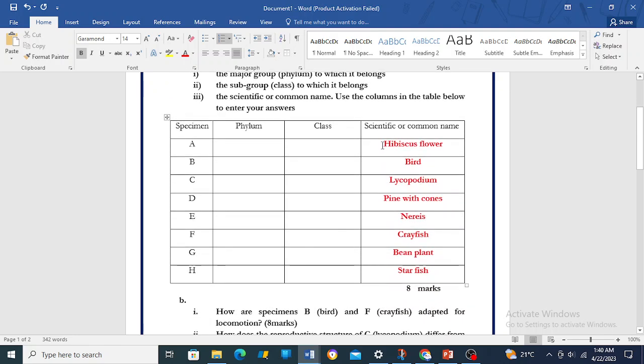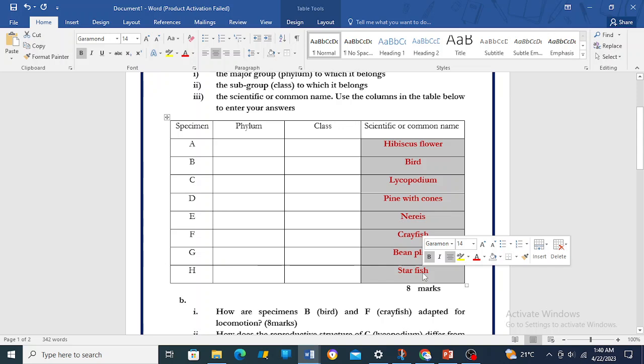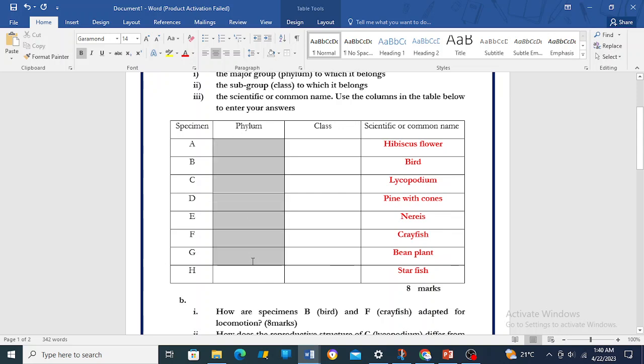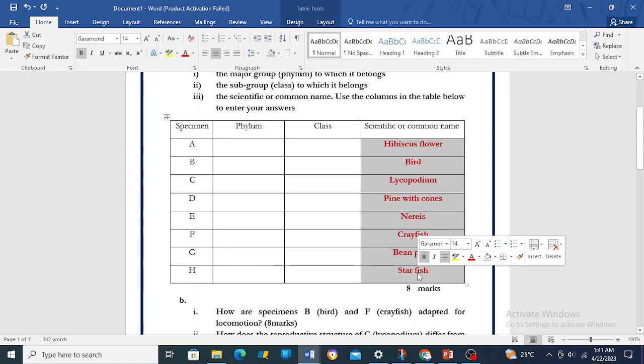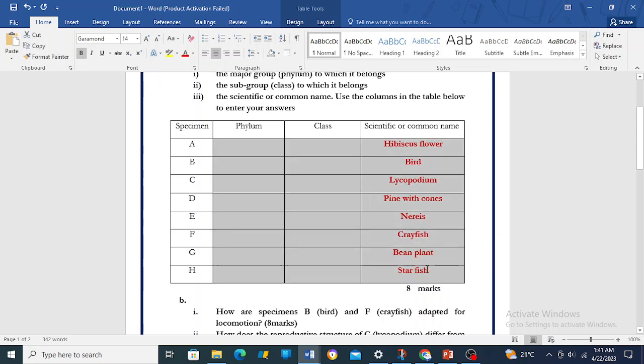So these are the specimens that were given to the students to identify. They are already identified, so it's left to you to fill in this column and this column. But this is not always the case in the exam practical, okay? You are actually supposed to fill this section, but I've already helped you since you don't have the specimens.